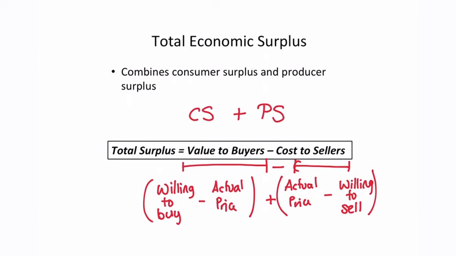So if we equate this, we can get rid of the actual prices on both sides so that our total surplus is the willingness to buy minus the willingness to sell, which is also the cost to sellers.